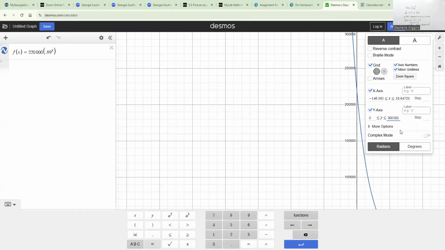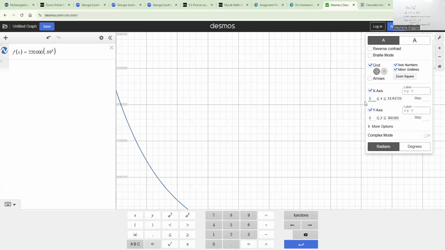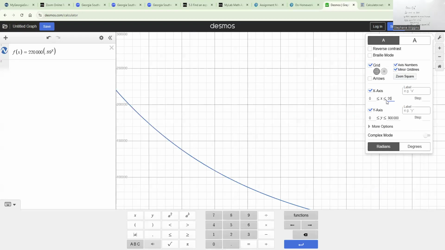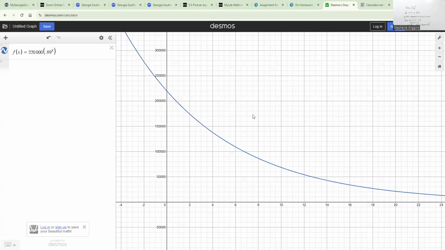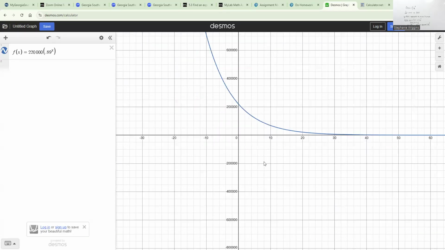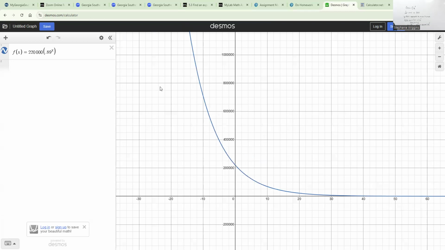As you can see, it's coming into view. And our x-axis, since we're talking about years after 2000, let's just say from 0 to 20. And now you can kind of see that instead of exponential growth, we have exponential decline.